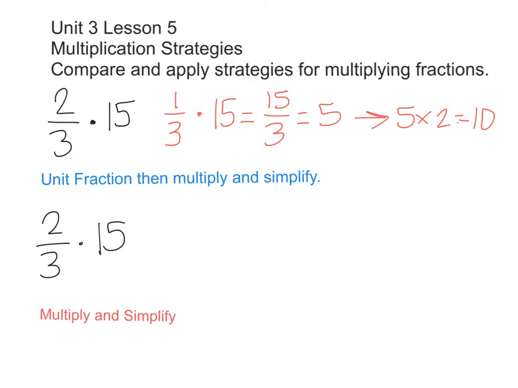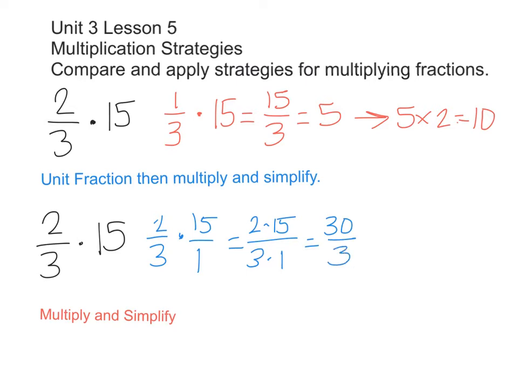This is coming from the generalizations that we made later in the week last week, and it looks like 2/3 times 15 over 1 equals 2 times 15, 3 times 1 equals 30 over 3.